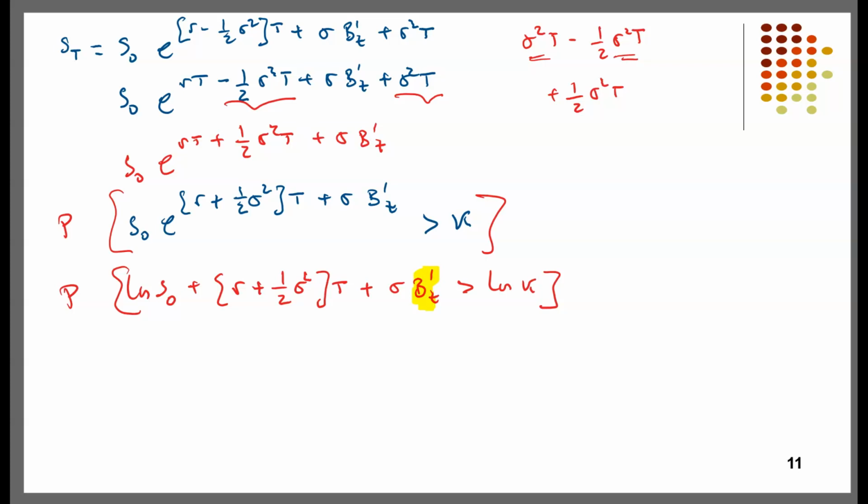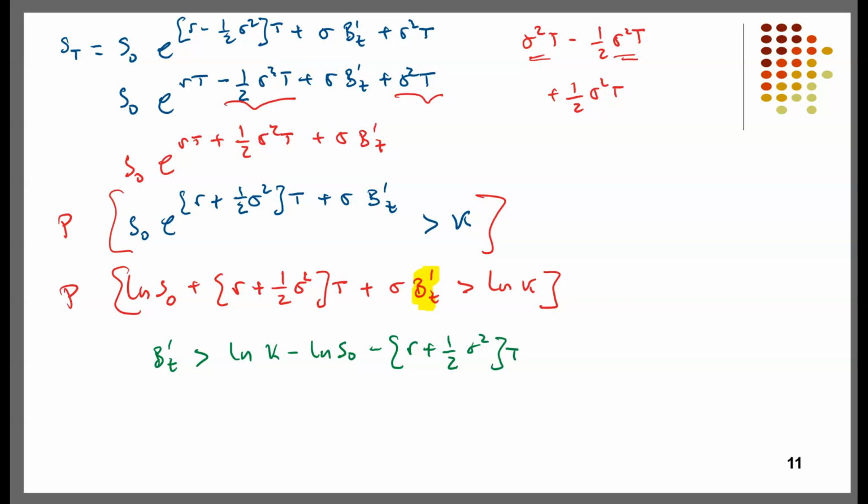The way we're going to isolate it is as follows. We're going to move everything else to the other side. So we're going to have the new Brownian motion process B prime t, which has to be greater than the log of K minus the log of S0 minus r plus 1/2 of sigma squared, and we have t here.